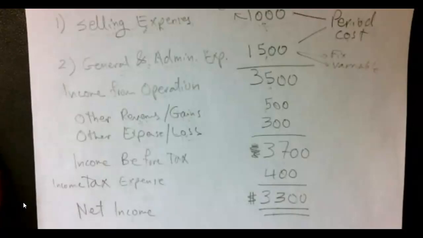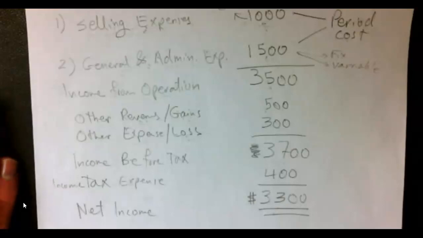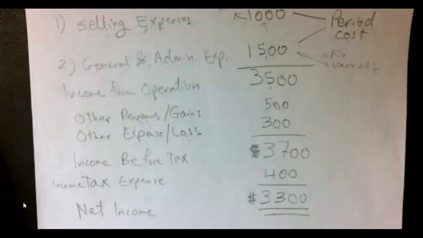It has nothing to do with your operation. That's why it goes below income from operation, and it will be considered as other gains or losses. So 3,500 plus 500 minus 300 gives you 3,700 income before tax. And then you have income tax expense of $400. Then that gives you net income, double line, dollar sign.